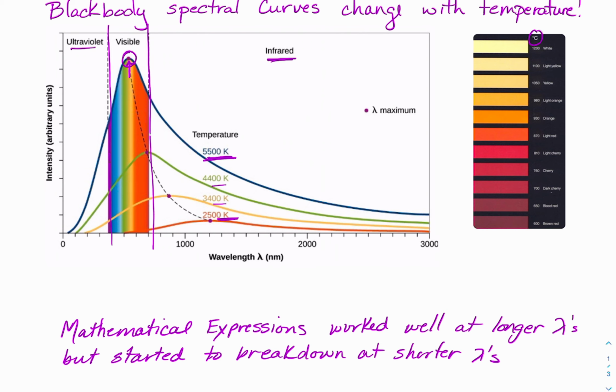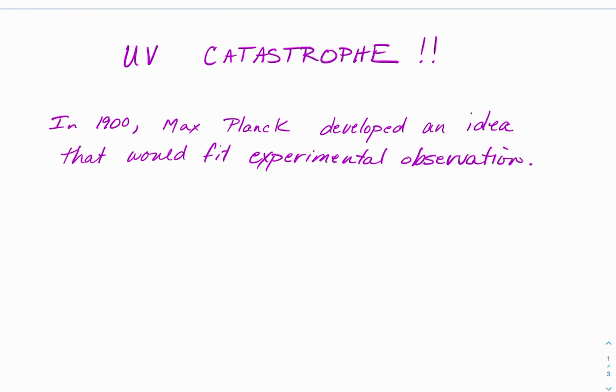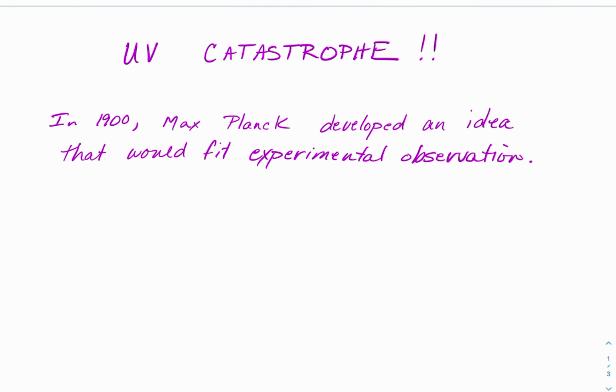However, the mathematical expressions started to break down and showed fairly large discrepancies when you looked at shorter wavelengths. Shorter wavelengths are where you have the ultraviolet wavelengths. So we called this the UV catastrophe, and we couldn't understand mathematically what was going on.